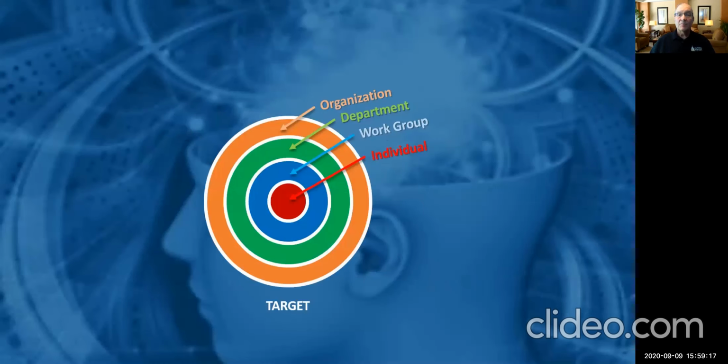So, as I'm sure you're well aware, within your organization, you may target an improvement, an innovation improvement, a human performance technology improvement at one of several levels.